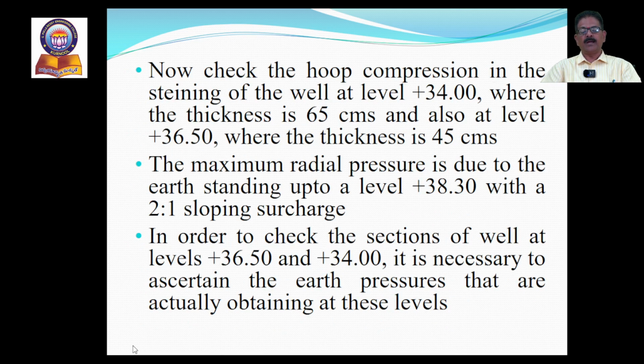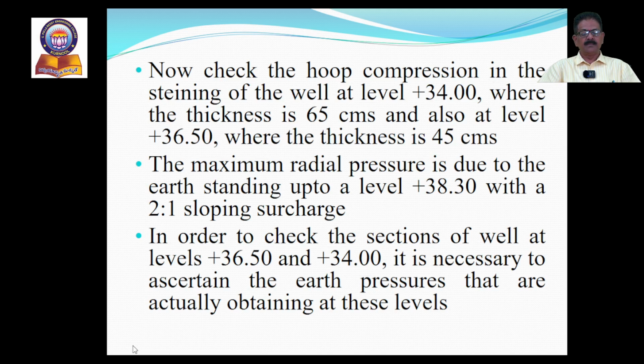Now we have to check the hoop compression in the steining of the well at plus 34 meters, where the thickness is 65 centimeters, and also at the level plus 36.5 meters, where the thickness is 45 centimeters. Since we have two different thicknesses of the well steining, we have to check the hoop compression developed within the well steining at these two levels.